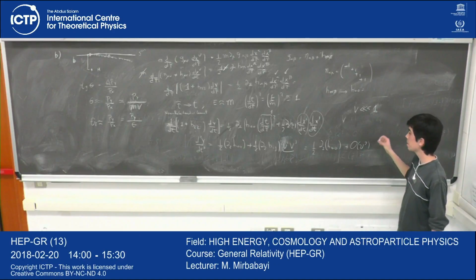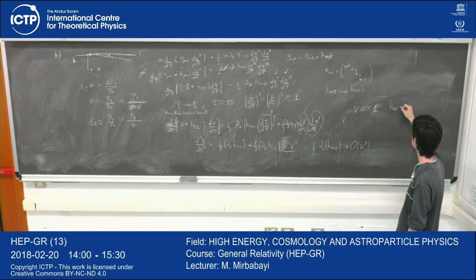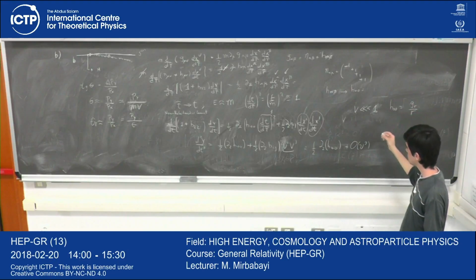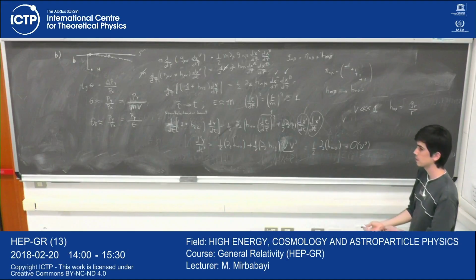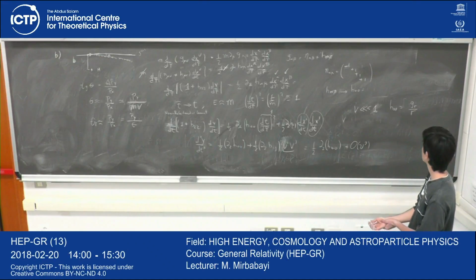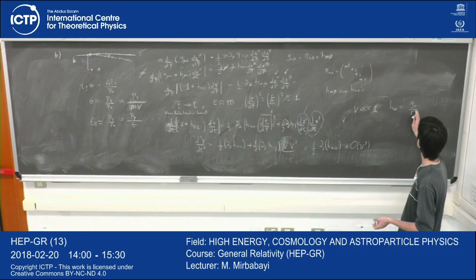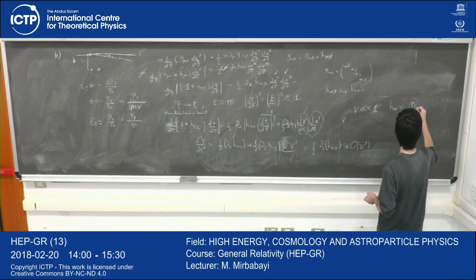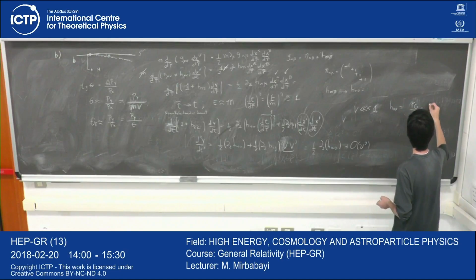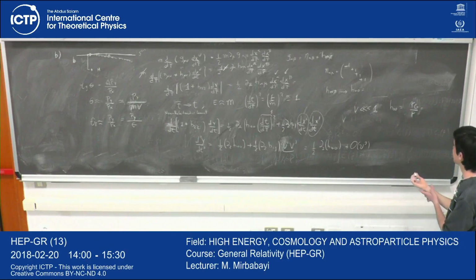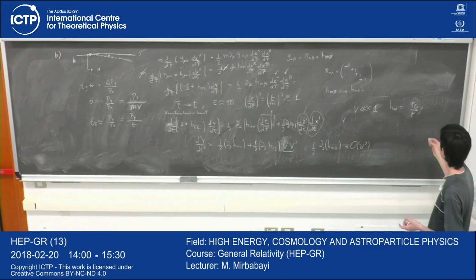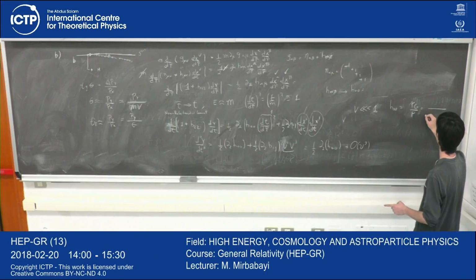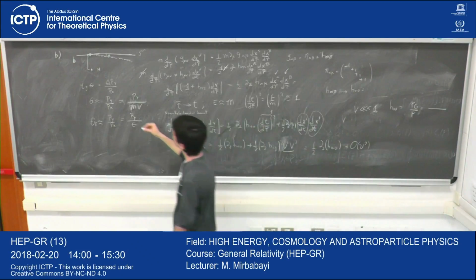But I know the H_00 component from the last exercise. Let's call it R_G. It's R sub G, not G. R_G means R gravitational, yes. And R is defined as the distance of a particle.